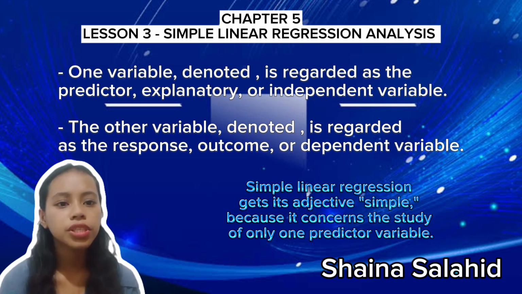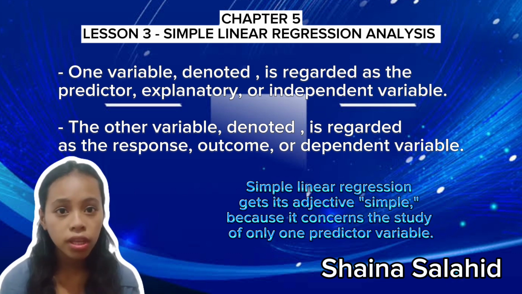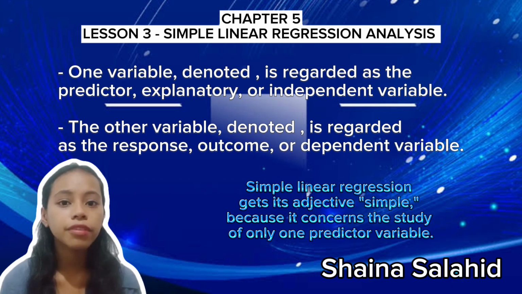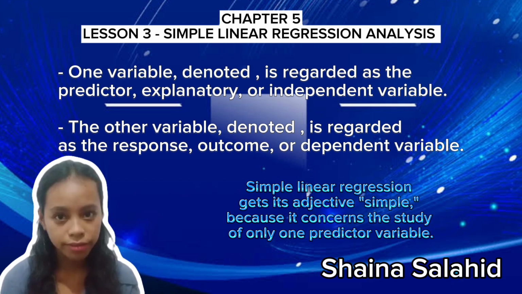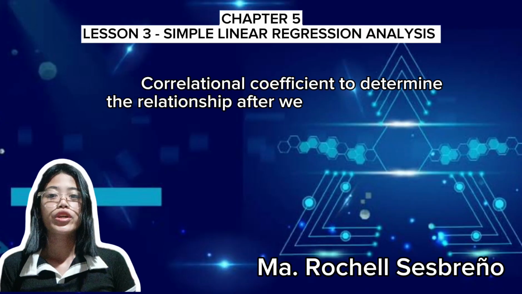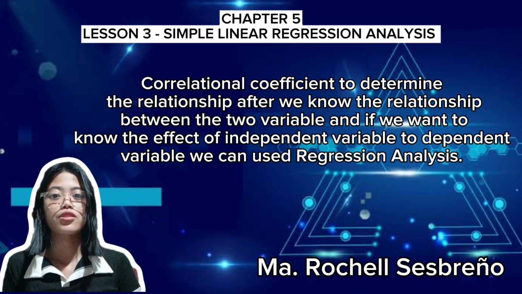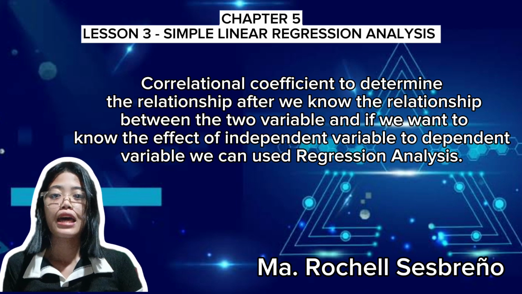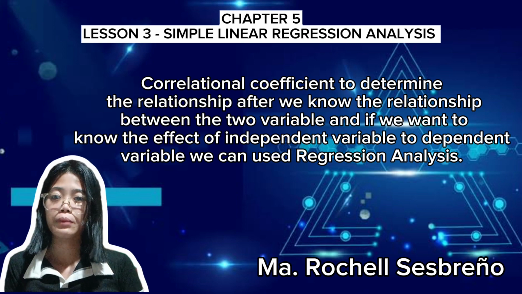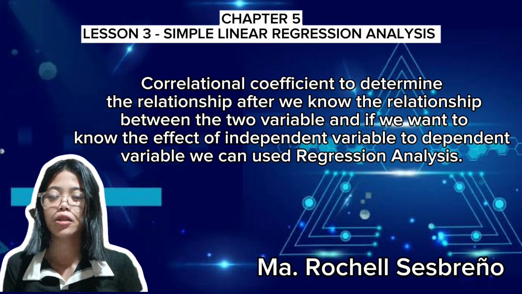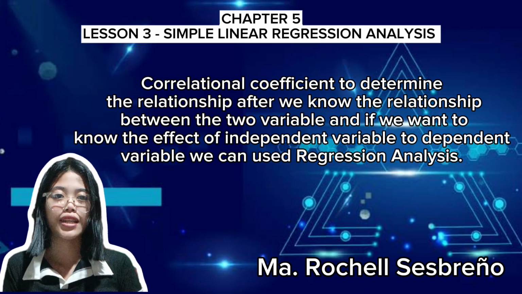Simple linear regression gets its adjective simple because it concerns the study of only one predictor variable. We commonly use the correlation coefficient to determine the relationship, but it shouldn't stop there. After we know the relationship between the two variables, and if you want to know the effect of the independent variable on the dependent variable, we can use regression analysis.